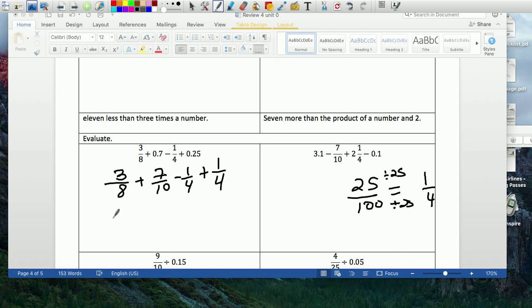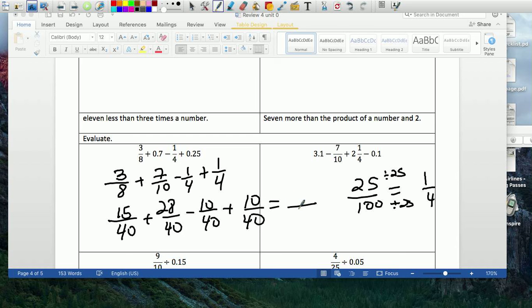Now the LCM here is going to be a much smaller number. It's going to be 40. So 8 times what is 40 is times 5, so on top is times 5. 10 times what's 40 is times 4, so on top is 7 times 4, which is 28. 4 times 10 is 40, so 10 on top. And 4 times 10 is 40 again, so 10 on top, right?